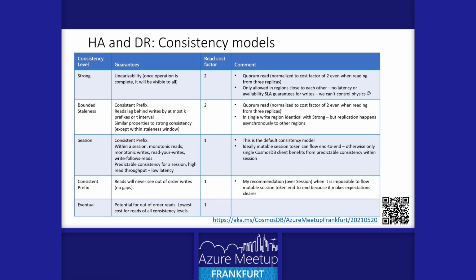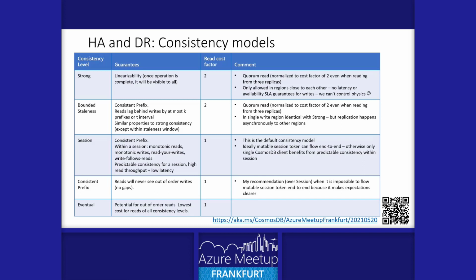One important thing I wanted to call out is that I also added a read cost factor. The way CosmosDB is charged to customers is that you provision throughput, which means you pay for a guarantee of a certain throughput that you can achieve. The throughput currency is something we call request units.